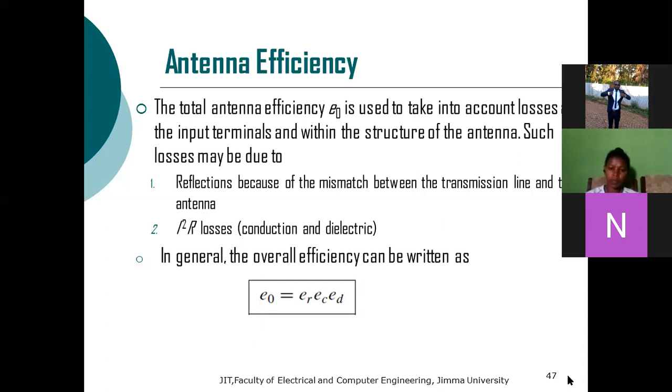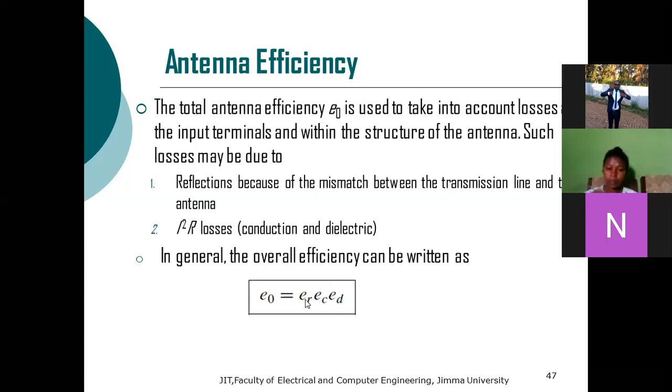So for the conduction loss, the efficiency associated with conduction loss is represented by EC, and the efficiency associated with dielectric loss is represented by ED. Normally, these are the losses which account for the internal loss of the antenna.